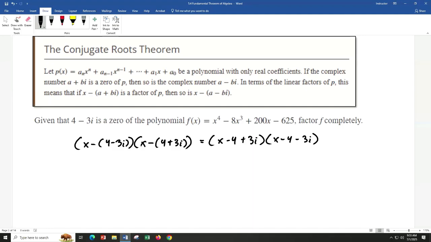Like I said, for sake of time, I'm not going to show you all of it. All I'm going to do is say, x times negative 4, x times here. Write it down, right? We're foiling. It's just a lot. When I do all that, you're going to get x squared minus 8x plus 25.